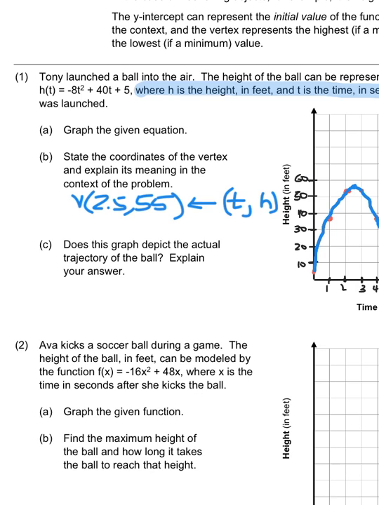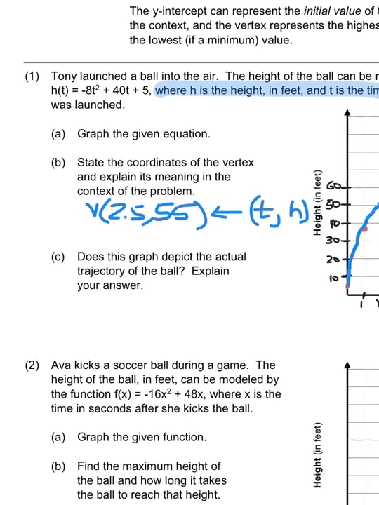In the context of the problem, we could say that after 2.5 seconds, the ball has reached a height of 55 feet. All we're doing is incorporating the units into the explanation, and it really covers everything we need.